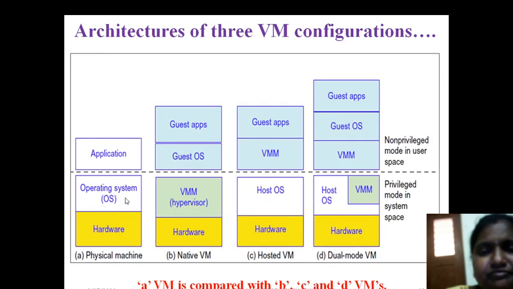So here we have our computer hardware, our own OS, and on that the application is going to run. That is one type of architecture. Coming to the second one, on our hardware we use a virtual machine. Where is the virtual machine?